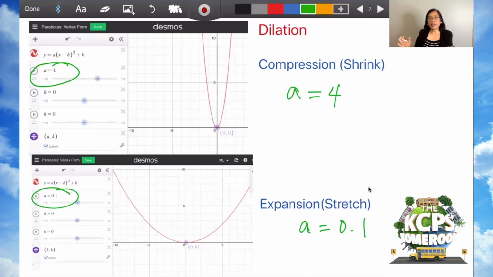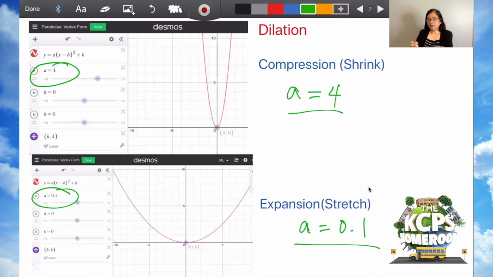I'll stop here and process the information. When a is 4, we have a shrink. When a is smaller, the graph expands. In this case, both values are positive.